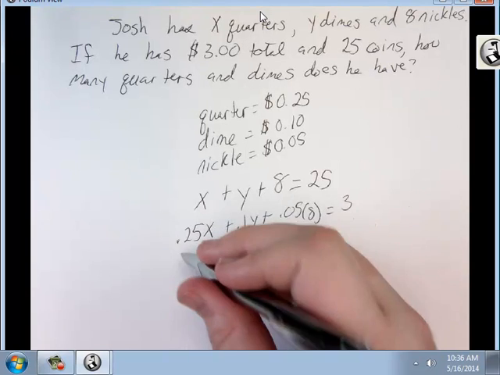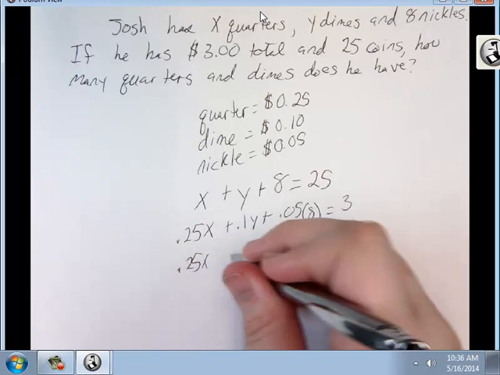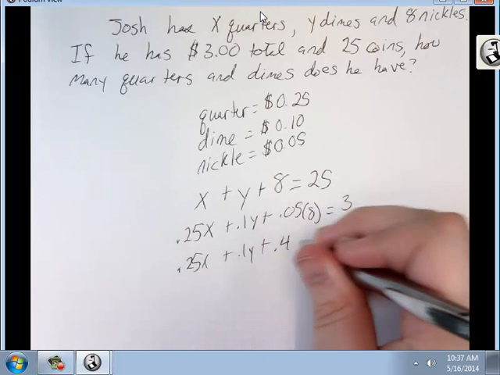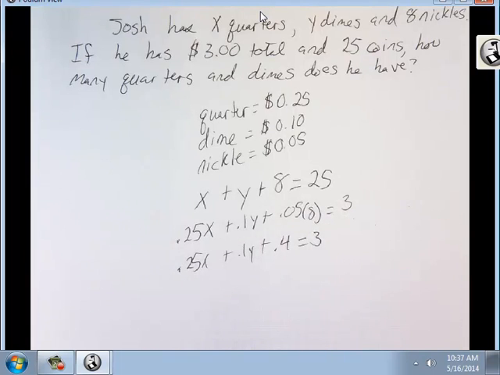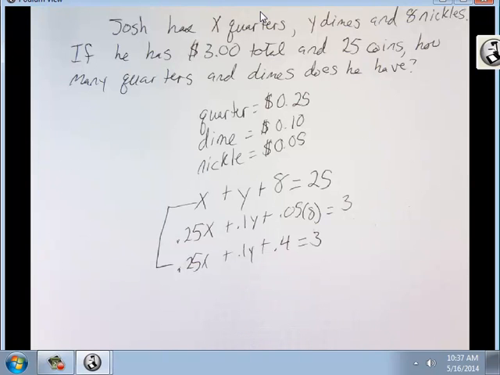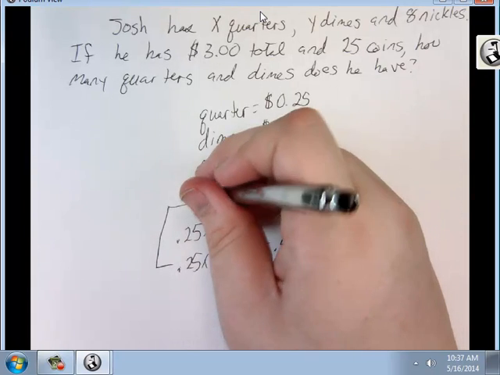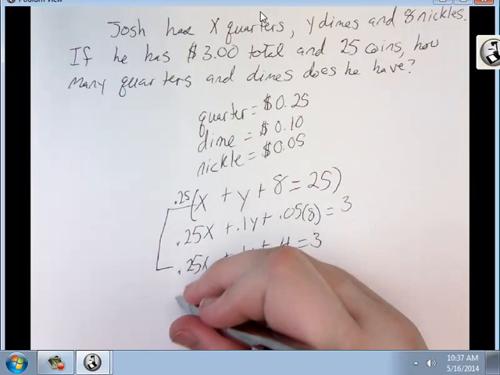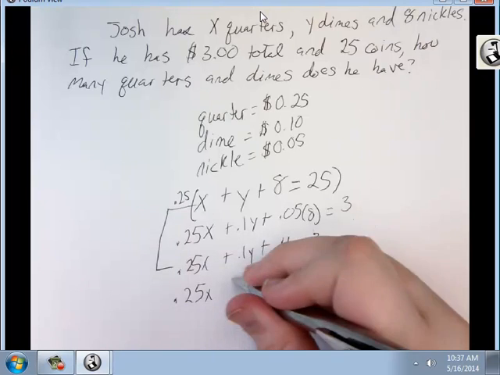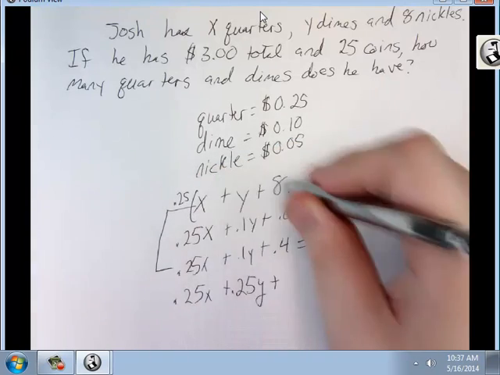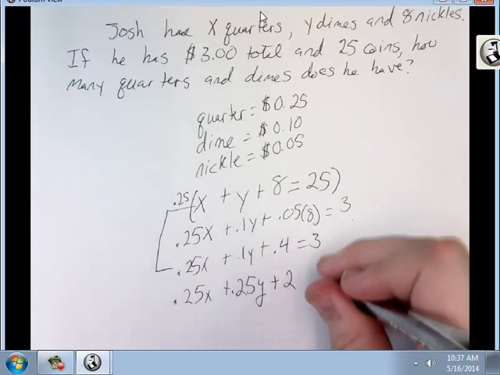0.25x plus 0.1y, and I'm just solving for this, which is 0.4. So here are my two equations. I just have to do elimination for these. So I'm going to multiply everything here by 0.25. So that gets me 0.25x plus 0.25y plus 0.25 times 8 is 2, which equals 25 times 0.25 is 6.25.